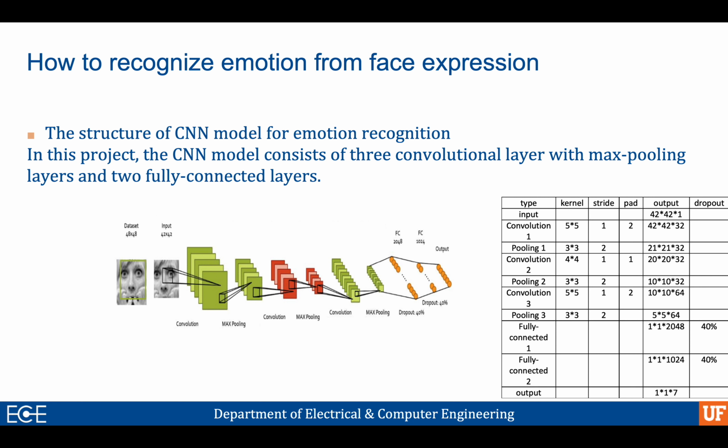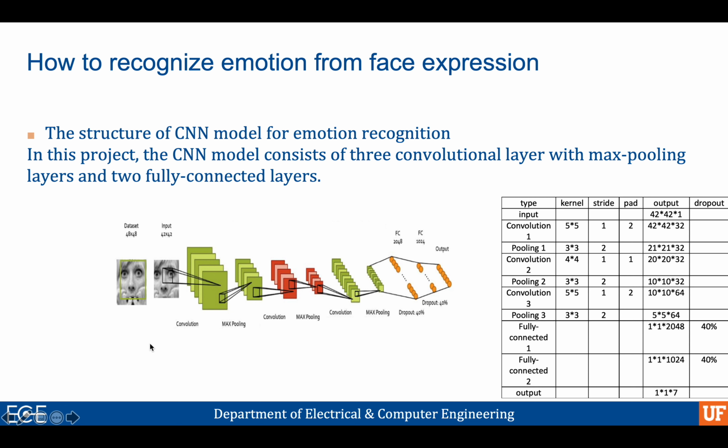Then the important thing for this project is how to recognize the emotion from facial expression. In order to do this, I make use of a convolution neural network model. The convolution neural network model in this project to recognize emotion mainly consists of three convolution layers with max pooling layers and two fully connected layers.